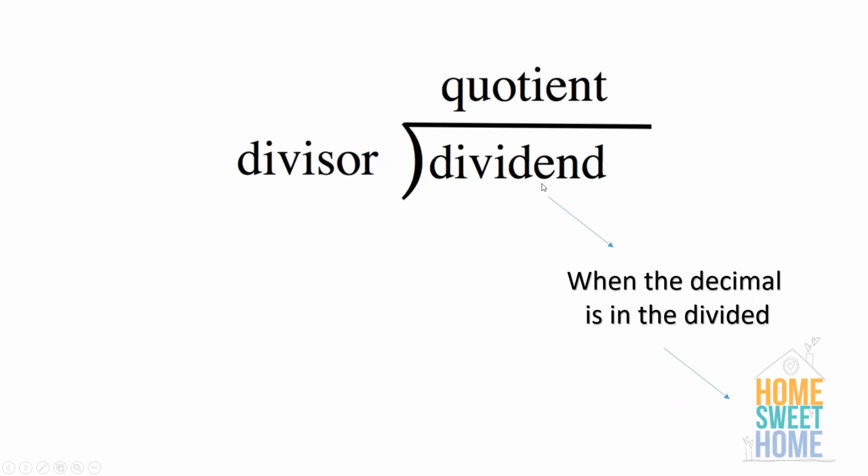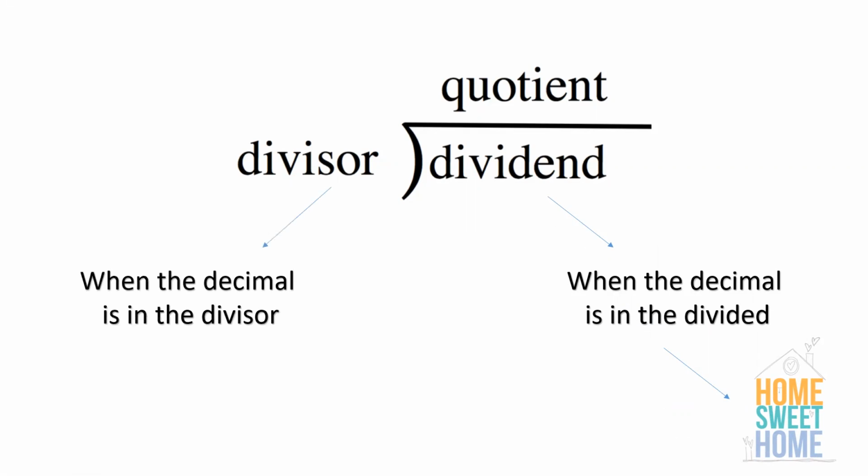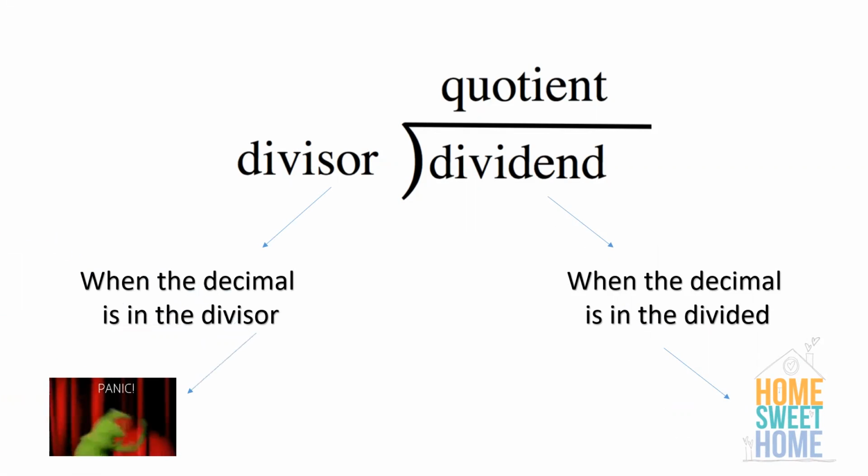All you got to do is float the decimal right up in your answer. But if that decimal's in your divisor, there's only one thing to do. You just got to panic. You're not allowed to have a decimal in the divisor. So I'm going to have to show you what you're going to do when that decimal is in that divisor.